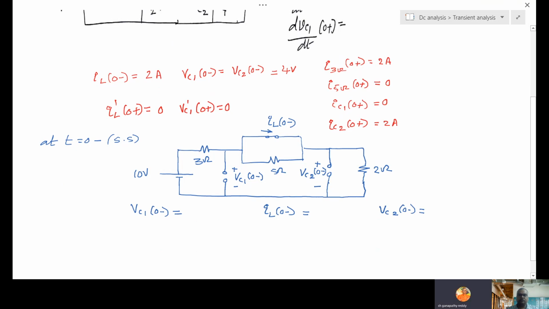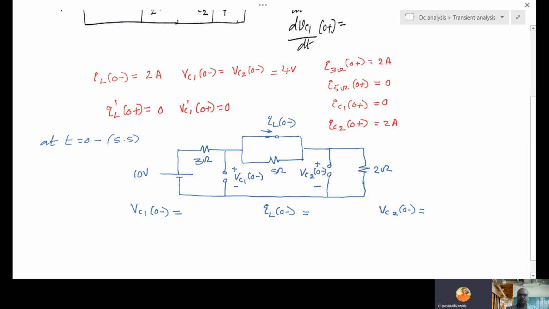So this path is closed like this. So inductor, this is the closed path. When this is the closed path, what is the voltage? This is short circuited. So VC1(0 minus) and VC2(0 minus) are equal.